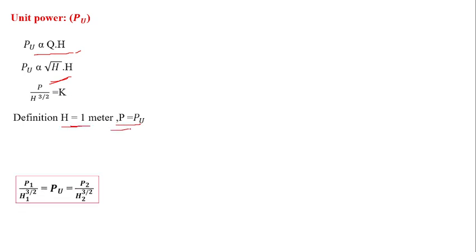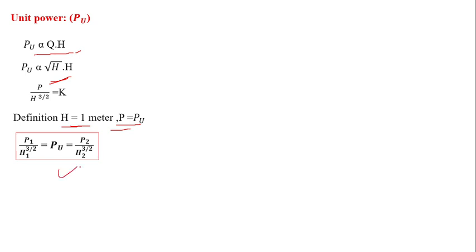Unit power PU is directly proportional to Q into H. We already know Q is proportional to root over H, so we substitute directly. We get P by H power 3 by 2 is equal to K, whereas head is equal to 1 meter, P is equal to PU.